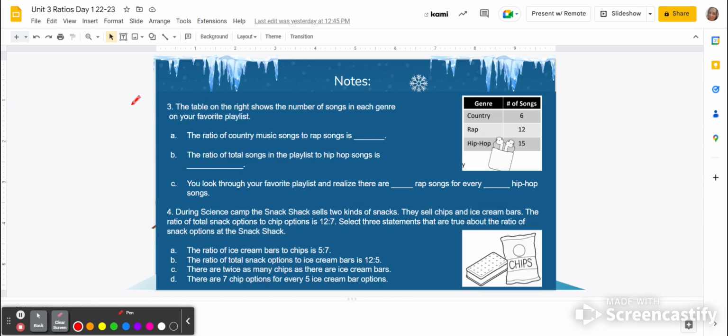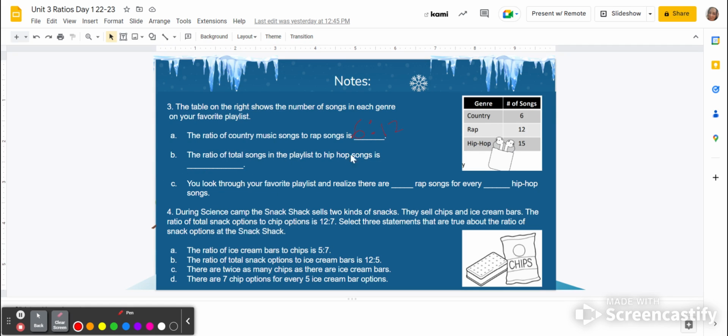So now the table on the right shows the number of songs in each genre. So the ratio of country music songs to rap songs is, well, I have 6 country songs. So I'm going to write 6 country songs. And then rap songs, I have 12.